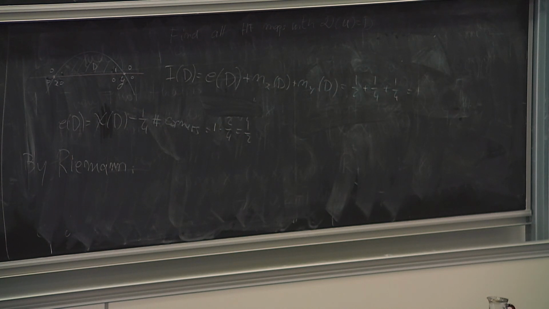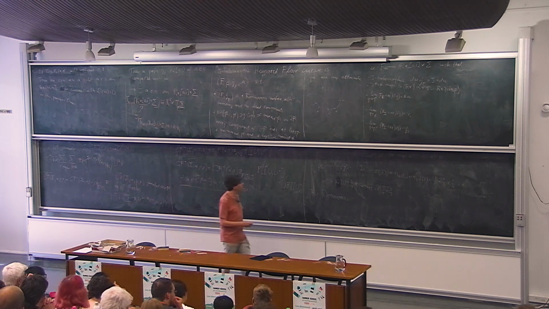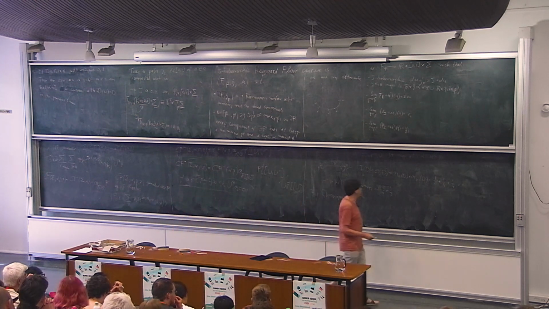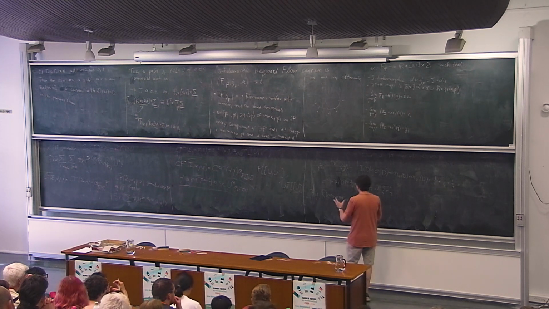And moreover, this is usually not taught in the elementary courses, if the boundary is good enough, this biholomorphism extends smoothly to the boundary, or at least continuously. Anyway, it extends with good regularity to the boundary.